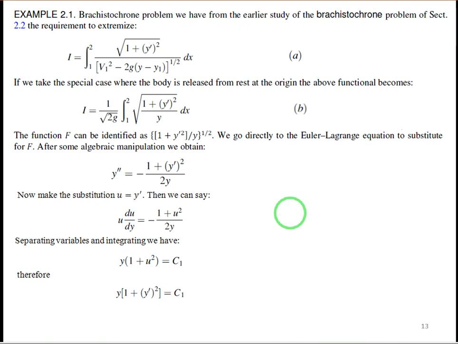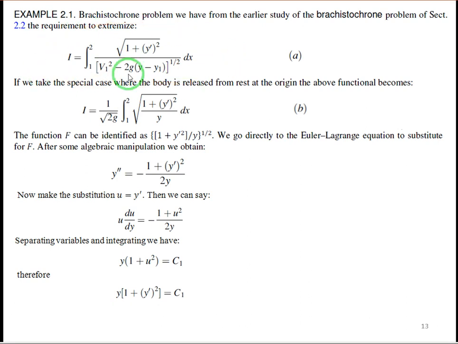In this problem, we wanted to find a path from point 1 to point 2 in order to have the minimum amount of time to travel from point 1 to point 2 in a smooth path, and we showed that the amount of time can be calculated using this formula.